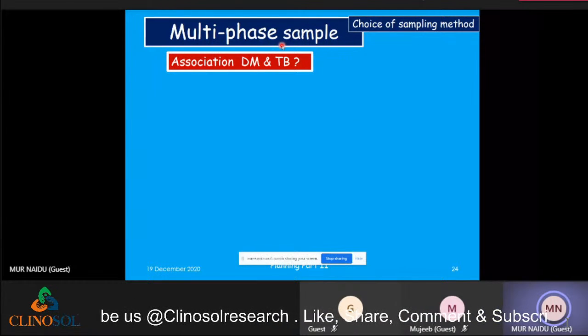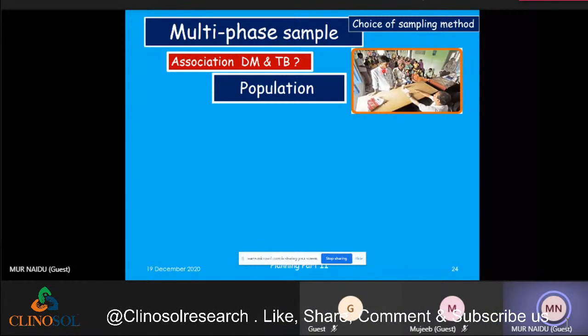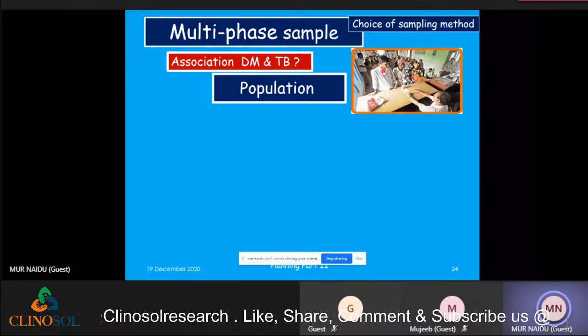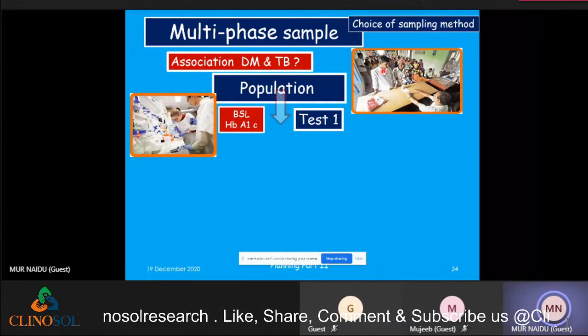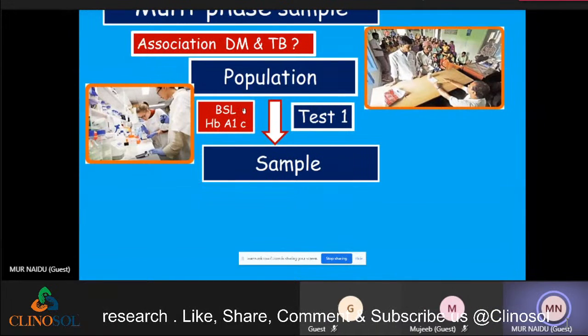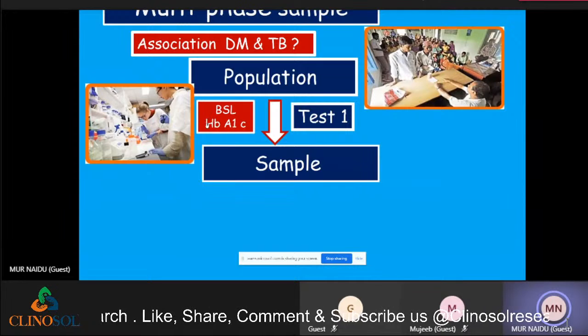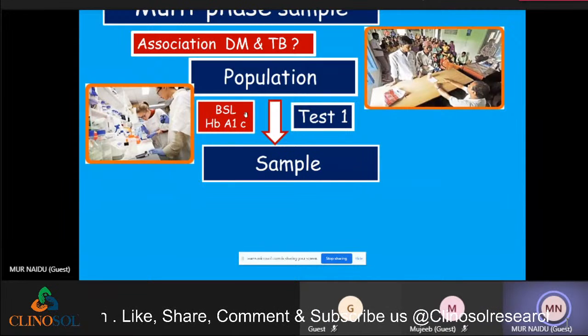How do I do it? First, I go to the population in a hospital to find out how many of them are suffering with diabetes. So I have inclusion criteria. I will do blood sugar level and glycosylated hemoglobin.